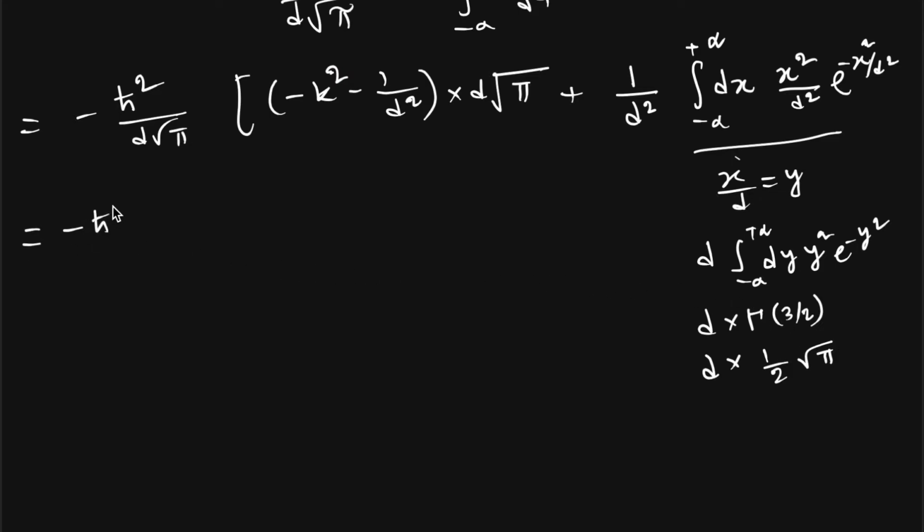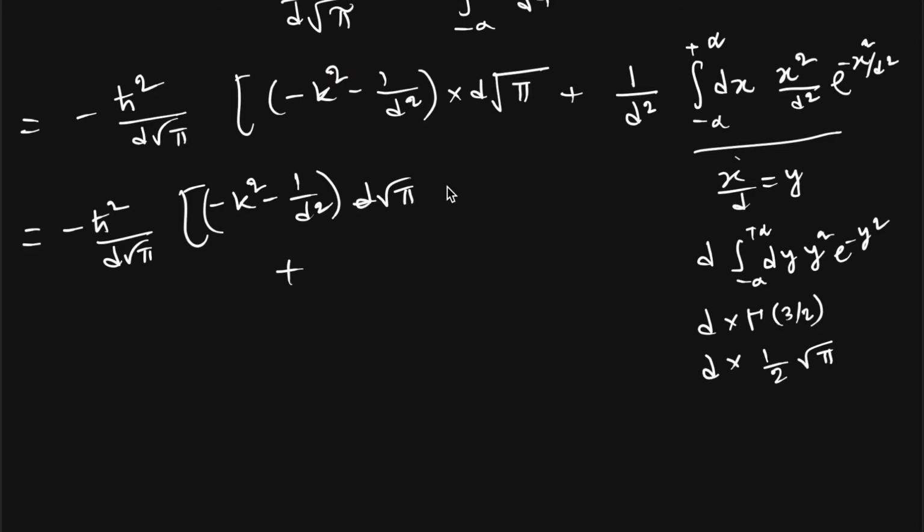That means here h cut square by d root pi, minus k square minus 1 by d square, plus d root pi, plus 1 by d square, it will be d root pi by 2.